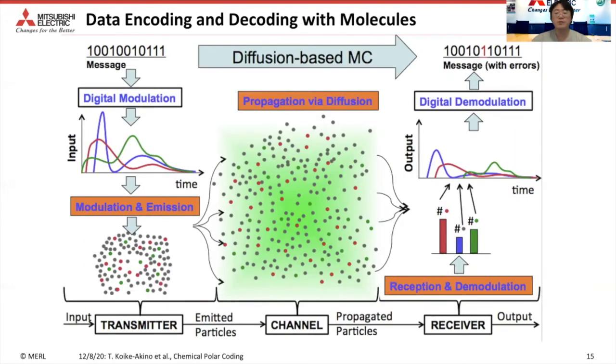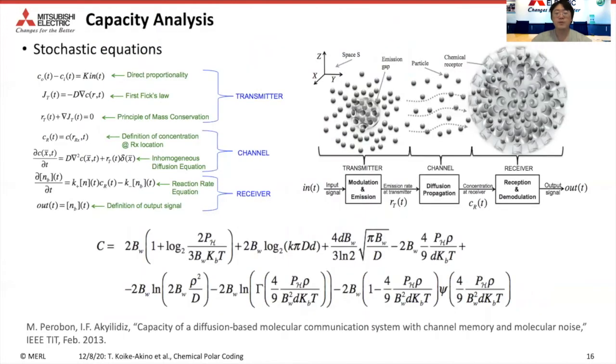Under diffusion channels, a nanomachine may encode digital data, 1 and 0, into a modulation signal, like molecular emission rates. Then the receiver tries to decode the 0-1 data. There are some studies of theoretical analysis. For example, channel capacity was derived under the assumption of stochastic molecular biology.